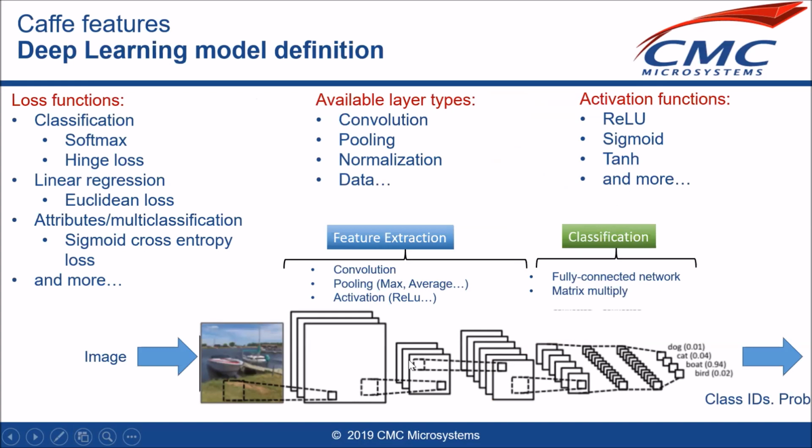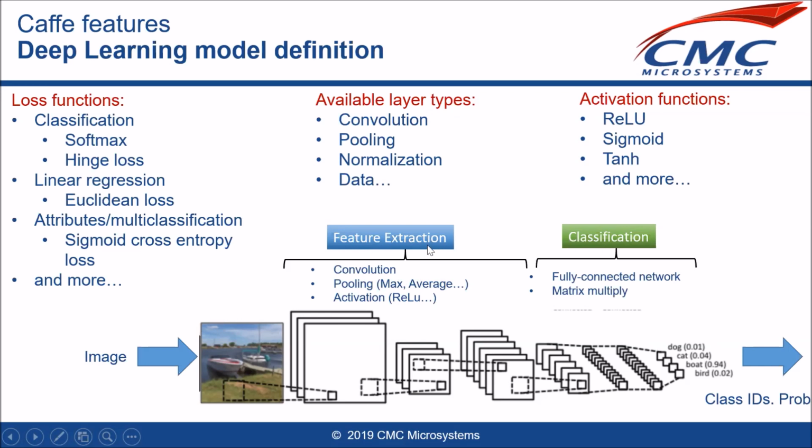And here at the bottom of the slide, I have an example of a convolutional neural network. It takes an image, and the image goes through different processing blocks. There are two main stages for a CNN: feature extraction and classification.